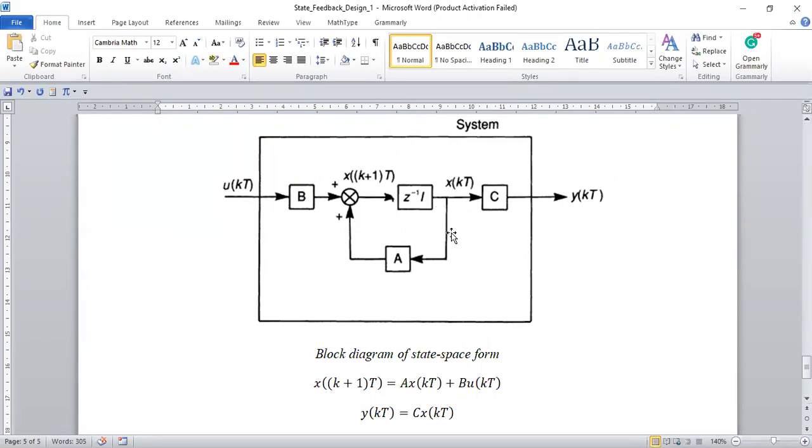Then I'm going to continue from where I stopped last week. We are also going to do another example to reinforce the concepts we learned last week.